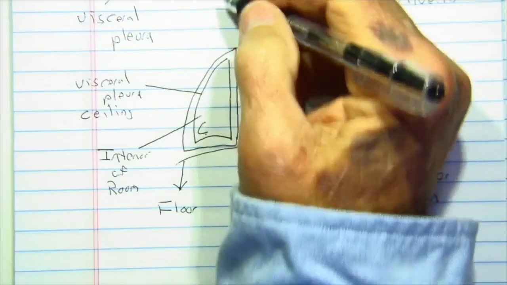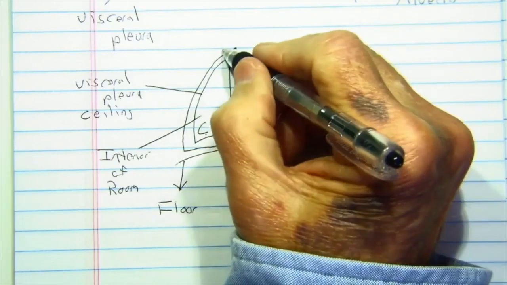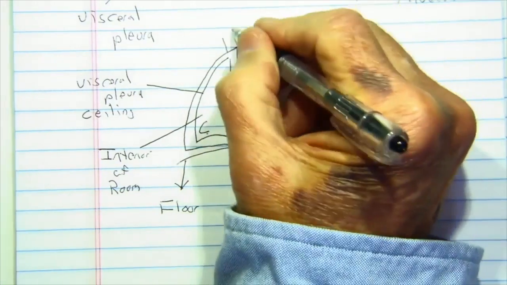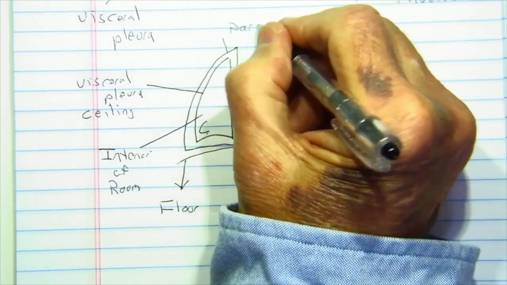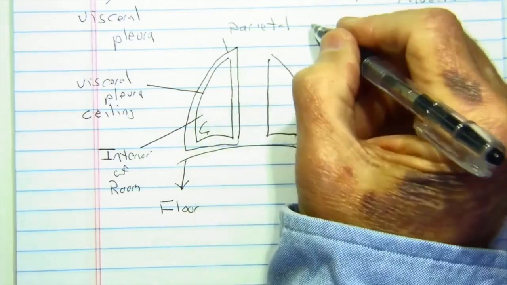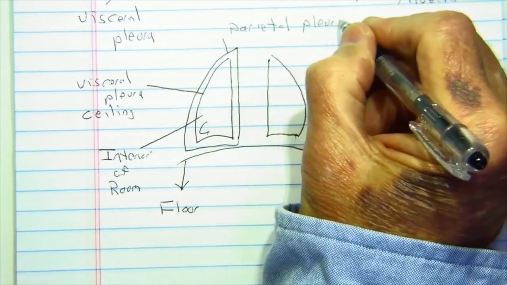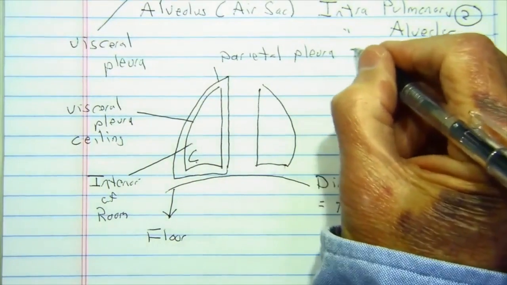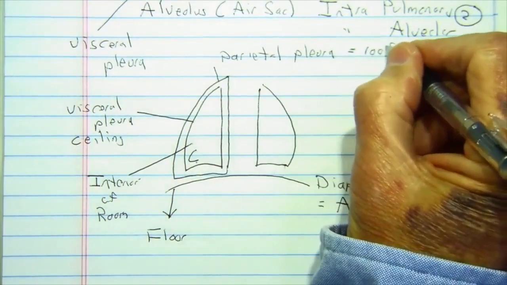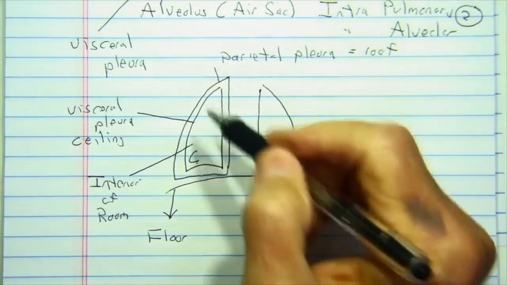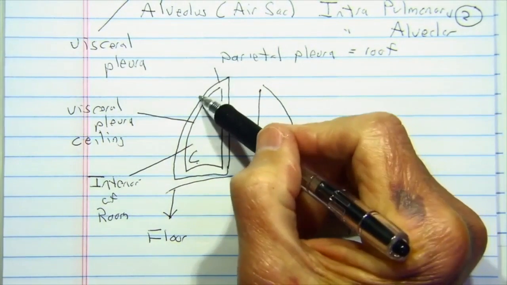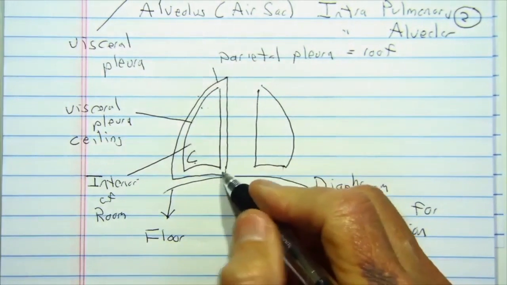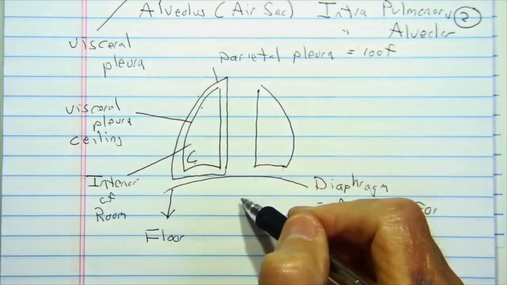And then above the ceiling in the room you're in, that's the parietal pleura, and think of that as being the roof of the building. And so the space between the ceiling and the roof of the building is going to be that intrapleural space.